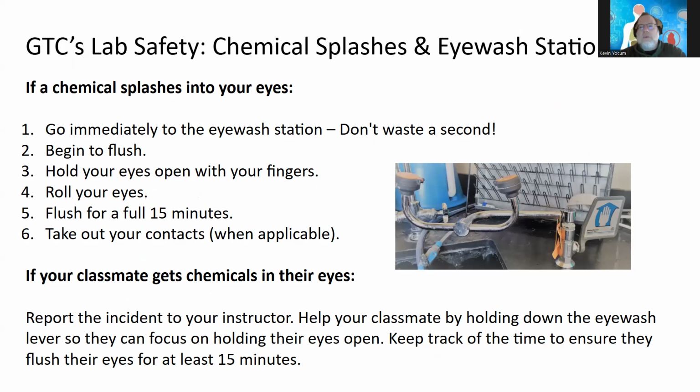Chemical splash: there's an eye wash station. You're going to have goggles on, so you shouldn't get anything in your eyes. But if you took them off or something happened, we do have an eye wash station. It's right by the first aid kit. Remember the wall, and I'll show you this next week in class.